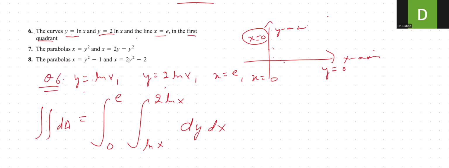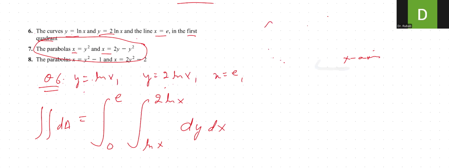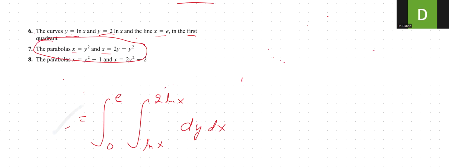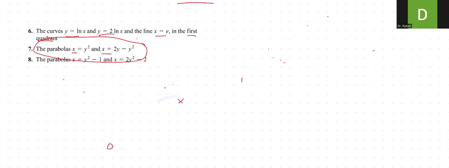Now we talk about question number 7. We have been given two limits of x. So how can we find the remaining limits? We use the missing limits method.